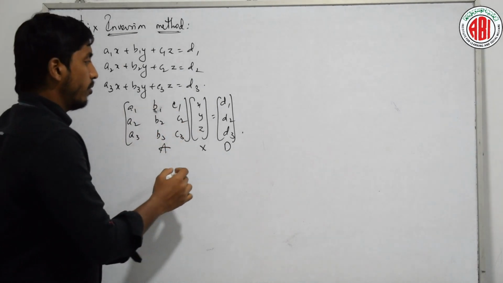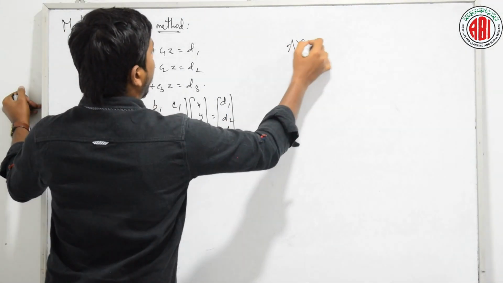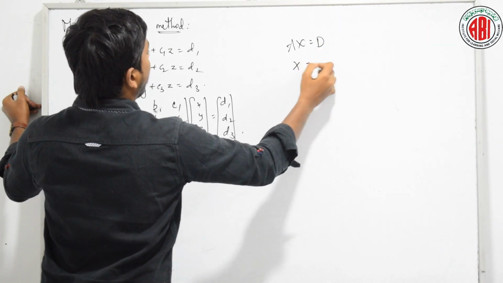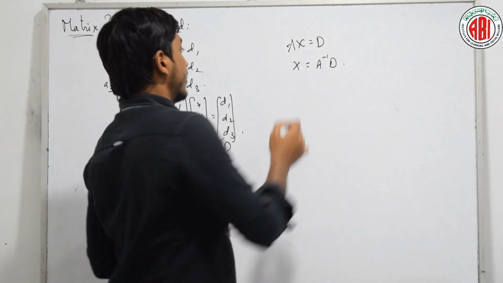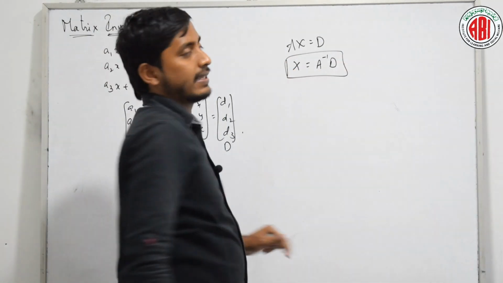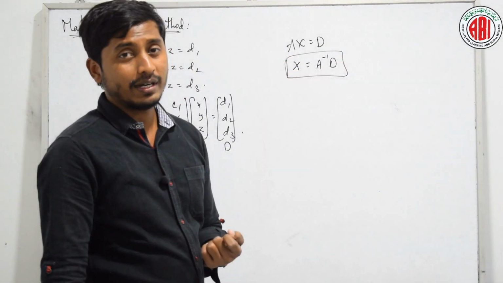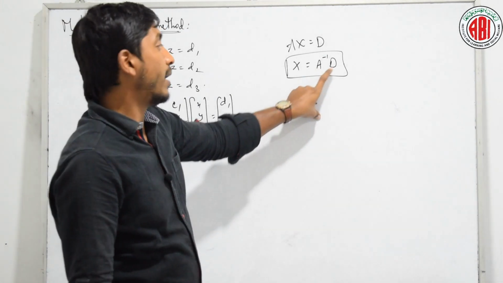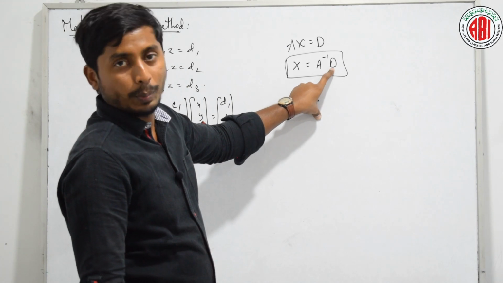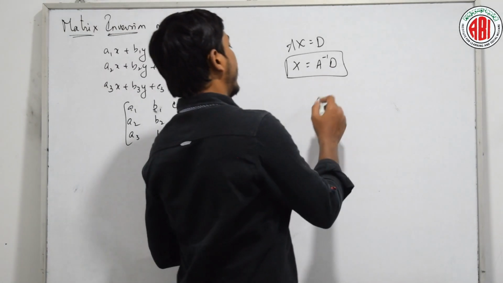Then, as I already told, if AX equals D, I can write X is equal to A inverse D. This is what my X is. Which means first of all I have to find A inverse, then I have to multiply it with D. How do we find A inverse?